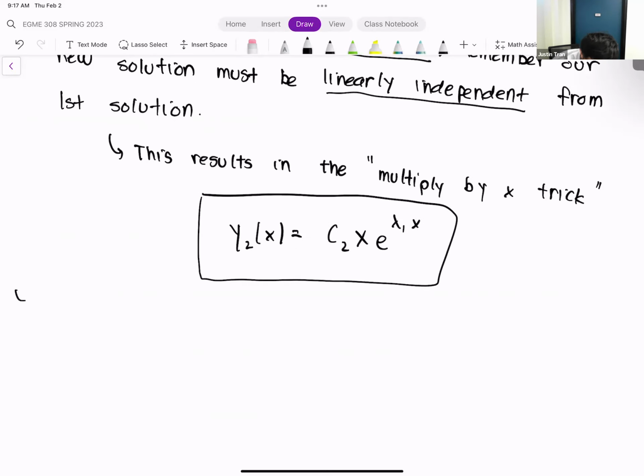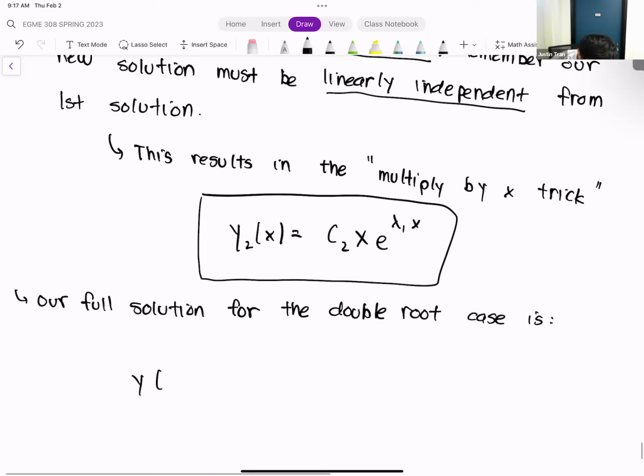And so if we put this together, let's say our full solution for the double root case is c1 e to the lambda 1x plus c2x e to the lambda 1x.